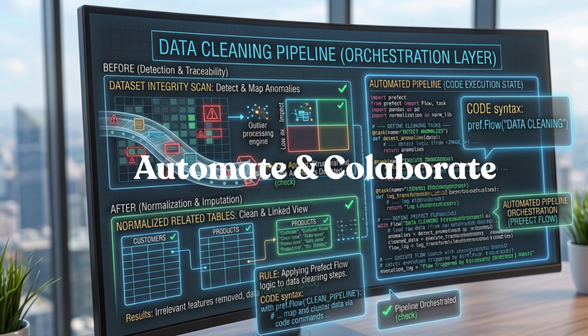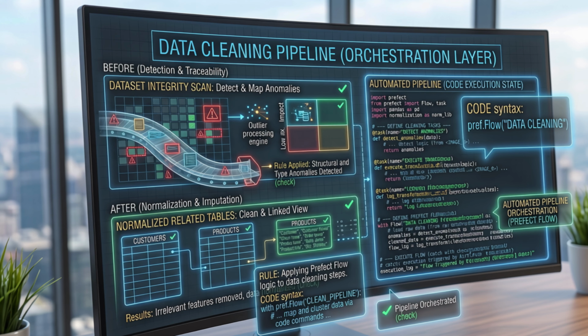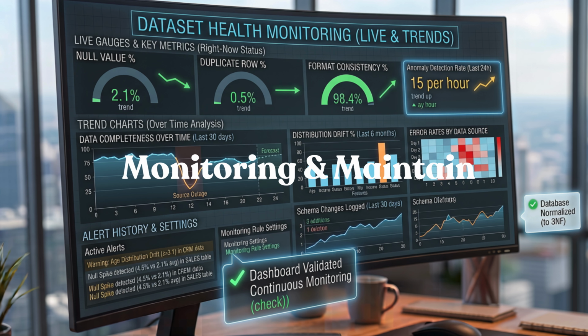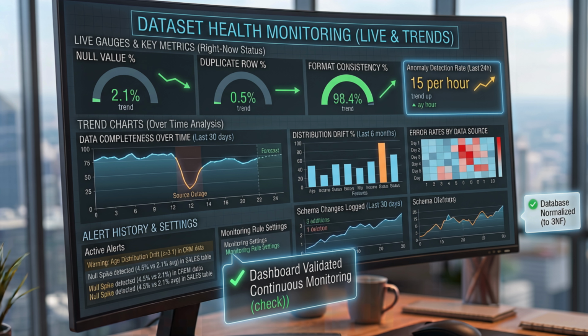Strategy 4. Automate and collaborate. Build automated cleaning scripts for routine ingestion pipelines. Collaborate closely with domain experts to validate that your cleaned outputs align with real-world business mechanics. Finally, monitor and maintain. Data quality isn't a one-time project, it's a continuous operational commitment to ensure long-term model reliability.